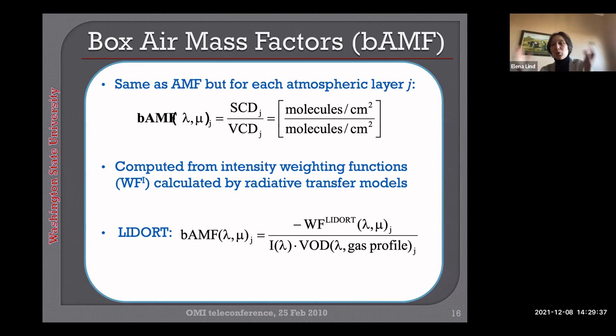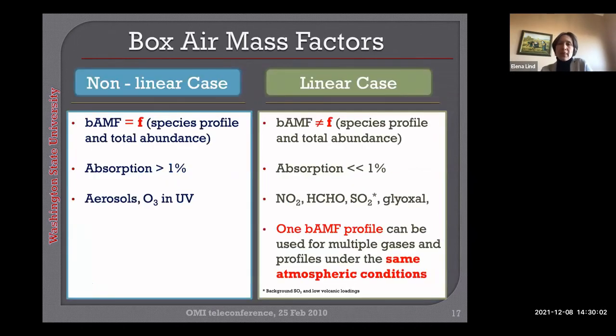There are simple ways you can do it, and then you have that information. So how do you go from this, along some convoluted path that you don't know, to an actual meaningful measurement, or gas profiles? This is where you need to understand the radiative transfer in the atmosphere, and this is where box air mass factors or weighting functions come into play.